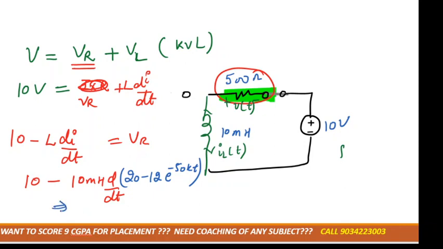If we solve it, we'll get the final value. That would be minus 10 plus 6 into e raised to power minus 50 kt. Because this one is constant, and the differentiation of a constant is 0, if we further solve it, we'll get this value.